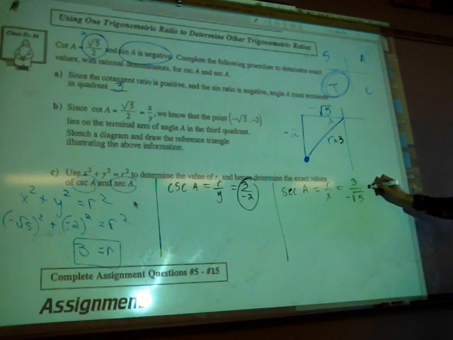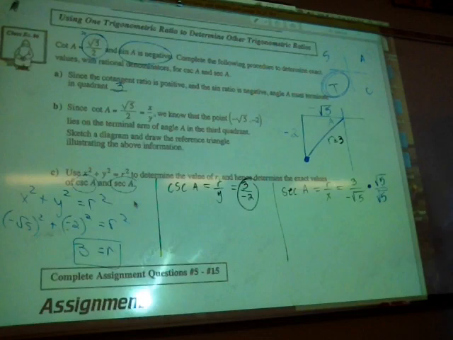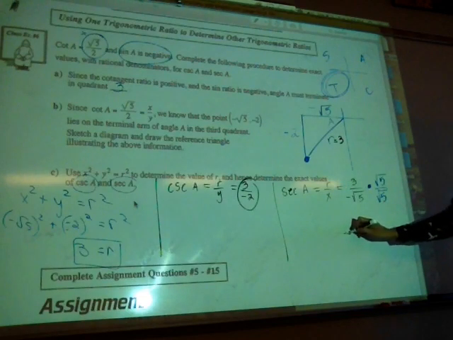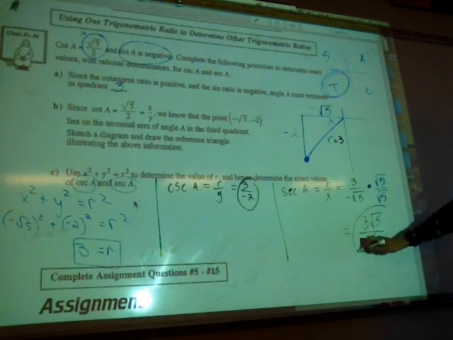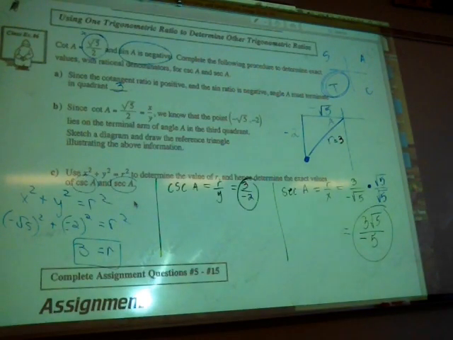And rationalizing means you multiply by the square roots to eliminate the radical in the denominator. Okay, so I'm multiplying the numerator and denominator by root 5. And the result is 3 root 5 over negative 5. Or you could have negative 3 root 5 over 5. Doesn't really matter, as long as the negative is out front somewhere.